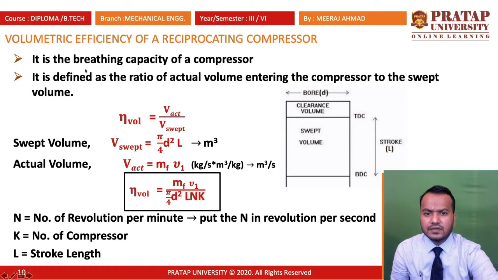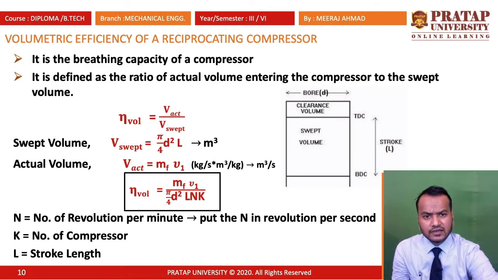Now the next slide, volumetric efficiency of the reciprocating compressor. This topic is very important from the numerical point of view. So what is the volumetric efficiency? What do you mean by the volumetric efficiency? Volumetric simply means the breathing capacity of the compressor. Take an example, like a human being, we are inhaling the air.